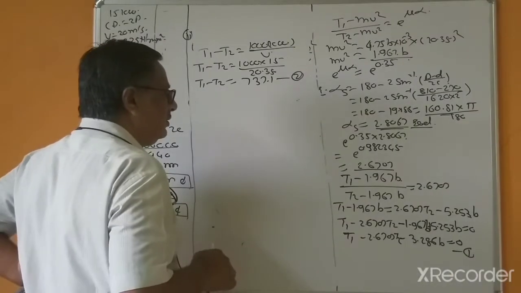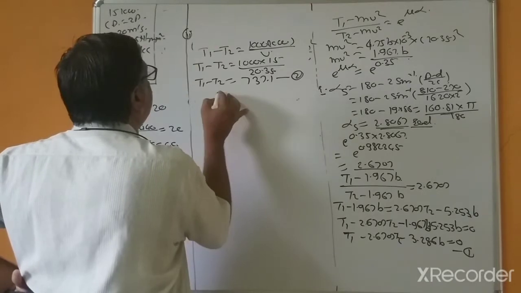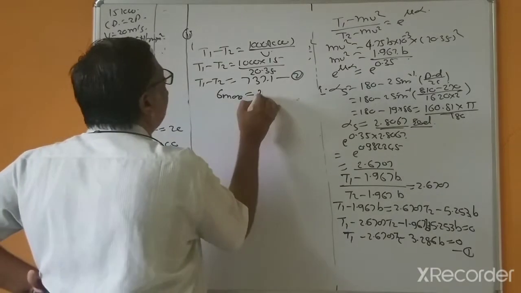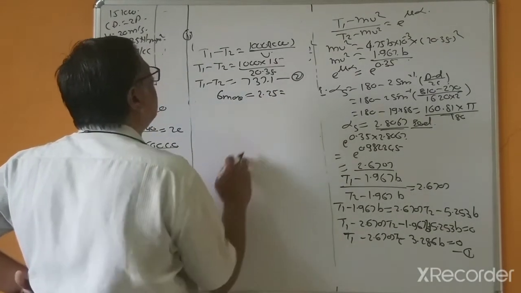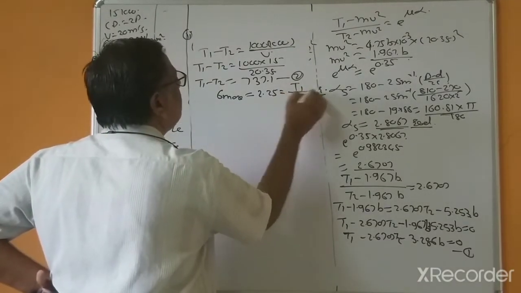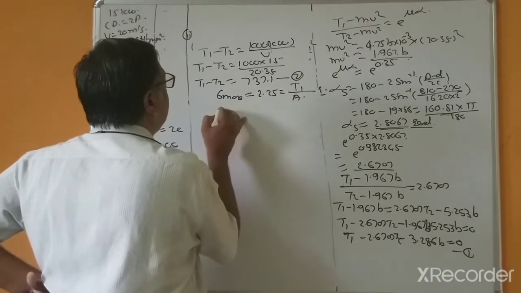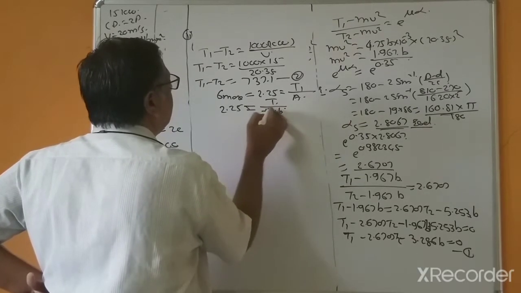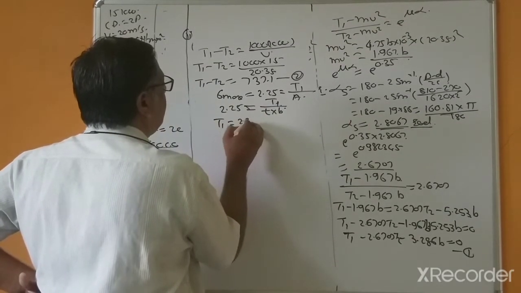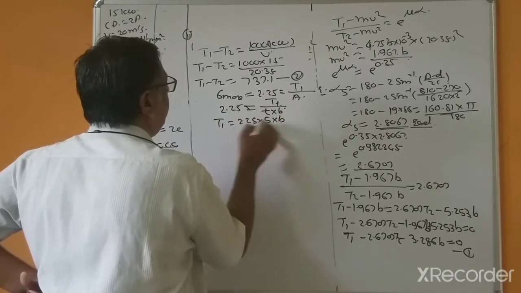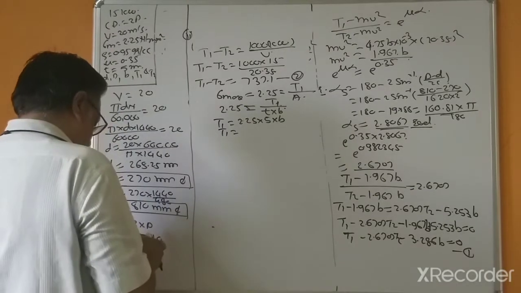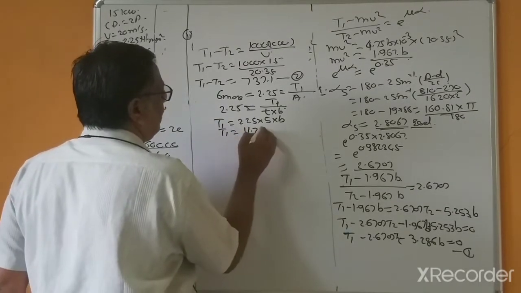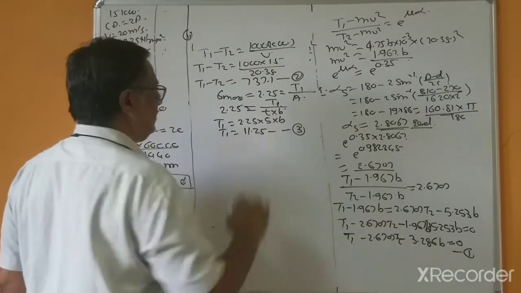And the third equation: stress maximum is given as 2.25, which equals maximum tension T1 divided by area, and area equals thickness multiplied by B. So T1 equals 2.25 multiplied by 5 into B, which is 11.25 B. This is the third equation.